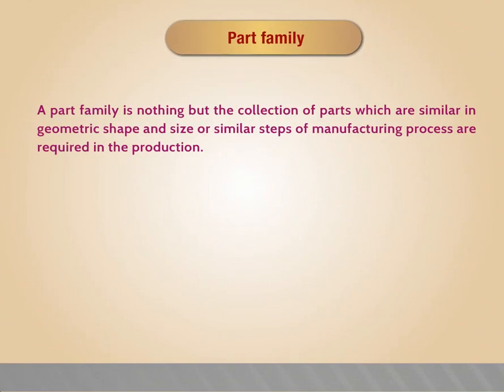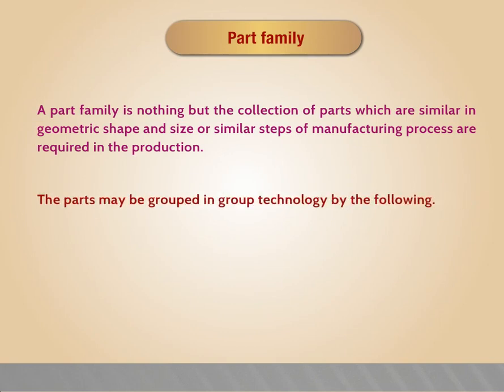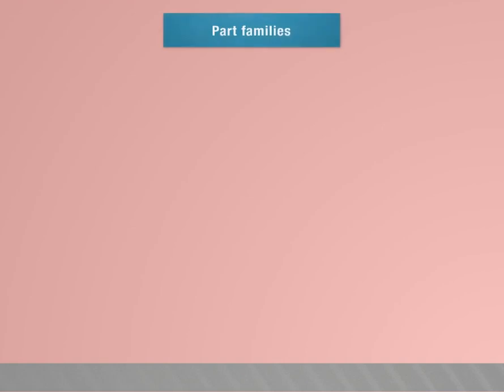Part family. A part family is nothing but the collection of parts which are similar in geometric shape and size, or similar steps of manufacturing process are required in the production. The parts may be grouped in group technology by the following: design attributes, manufacturing attributes.